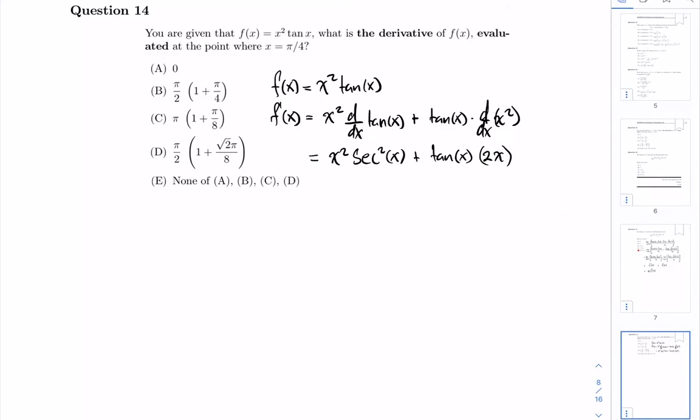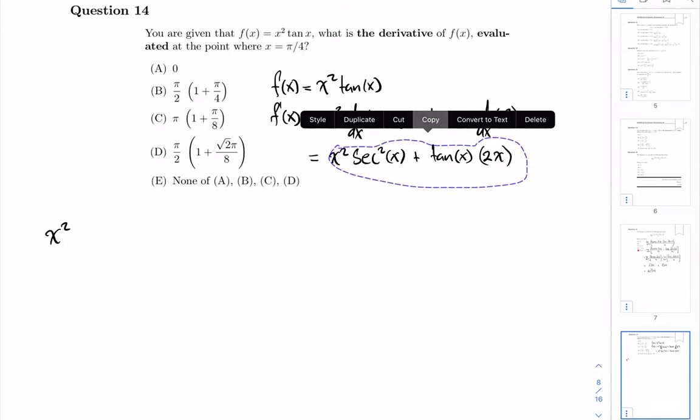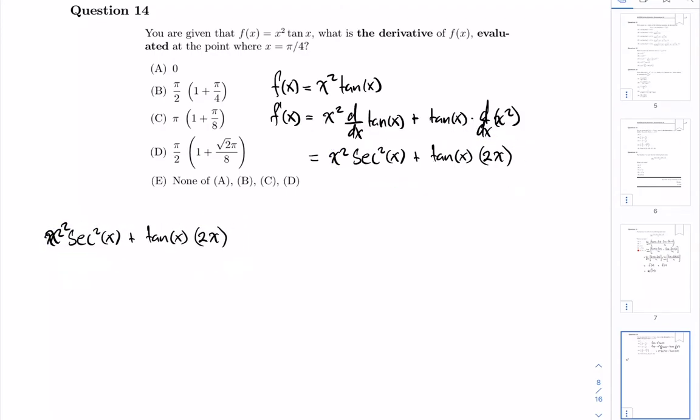Now we take our x squared times secant squared of x plus tan of x times 2x evaluated at x equals pi over 4.